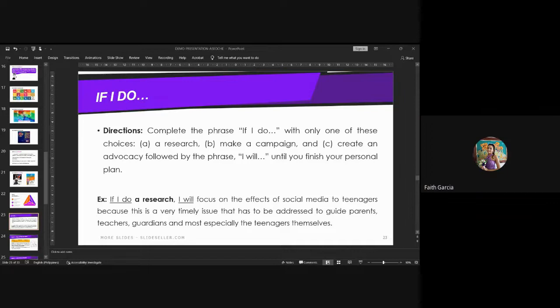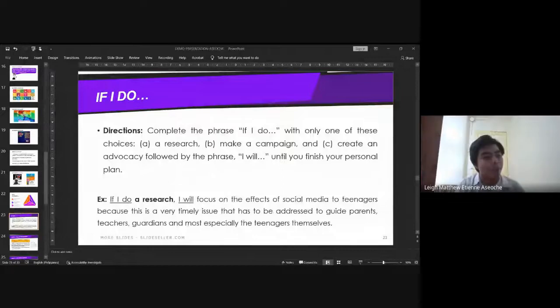If I do an advocacy, I will mainly focus on how parents should try to listen to what their children think. Somehow the root problem for rebellion is because children think that no one listens to their thoughts as to situational problems like misunderstandings, and it results in rebellion. Okay, wow, very good. Thank you for that, Miss Garcia.